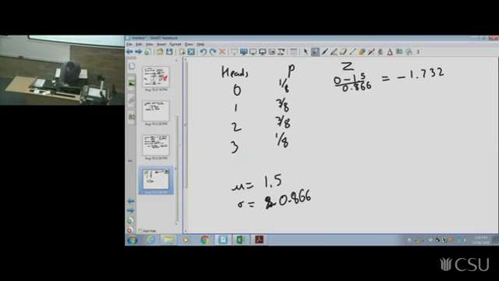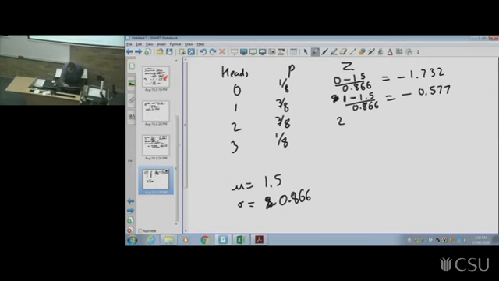Next one would be the value 1 minus the average divided by the standard deviation. So again, it's another negative number. The answer is negative 0.577.